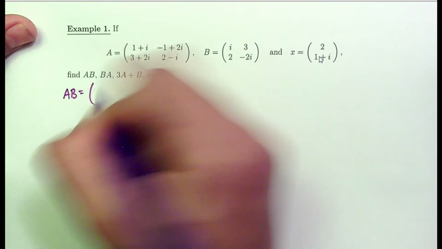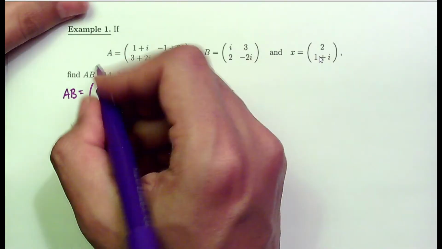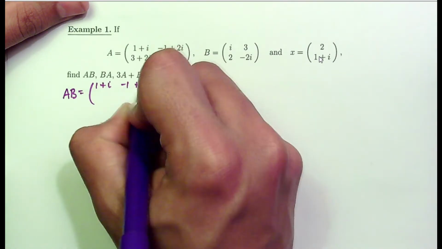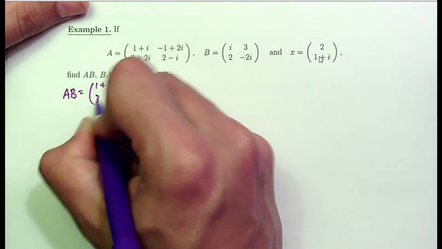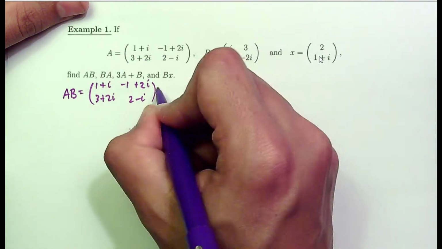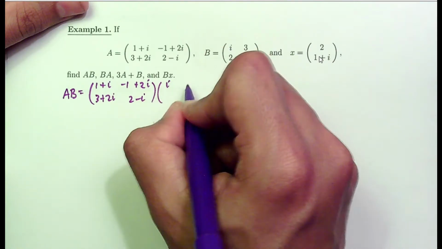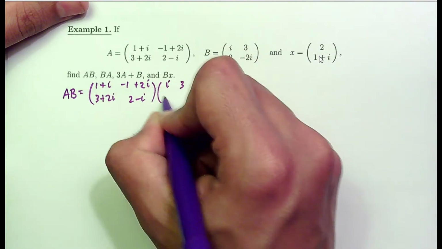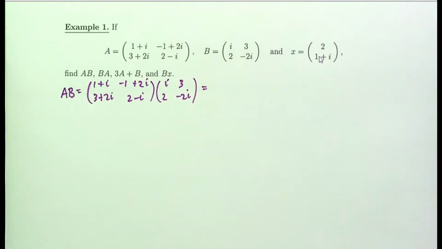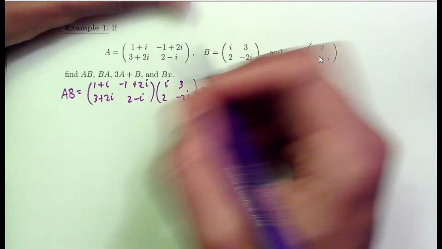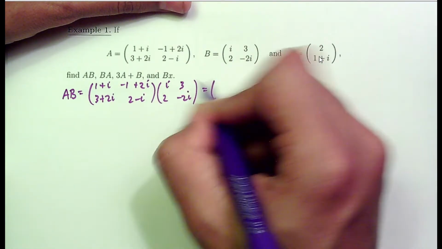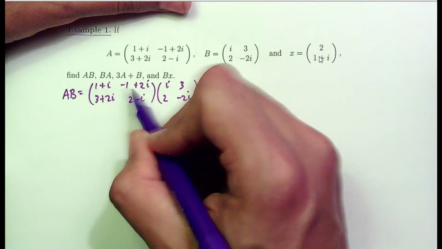That means we're gonna multiply the matrix with entries 1 plus i, negative 1 plus 2i, 3 plus 2i, 2 minus i, by the matrix B, which is i, 3, 2, negative 2i.